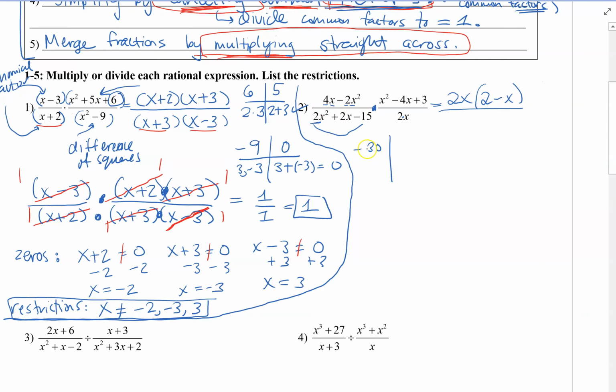And then find 2 numbers that multiply to negative 30 and add to 2. So I could try 15 and negative 2, but that would add to 13, so that won't work. I could try 10 and negative 3, but that would add to 7. I could try 6 and negative 5, but that would add to 1.